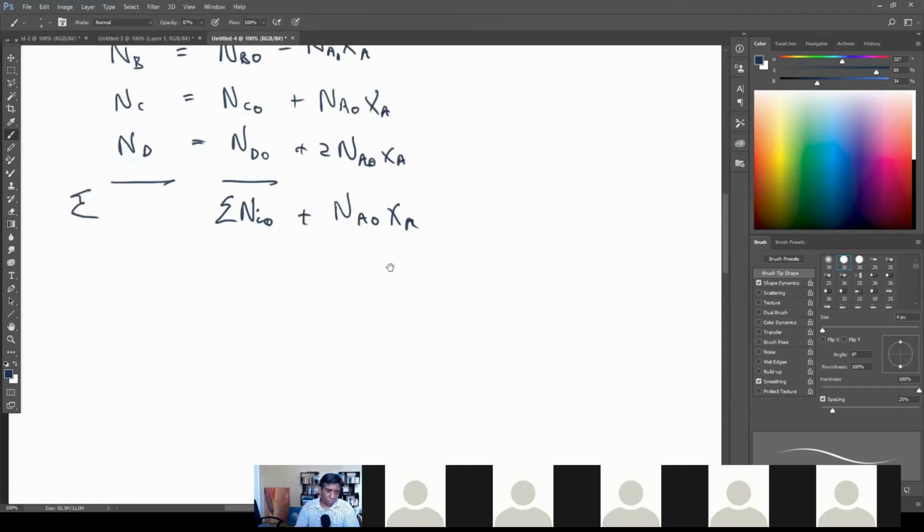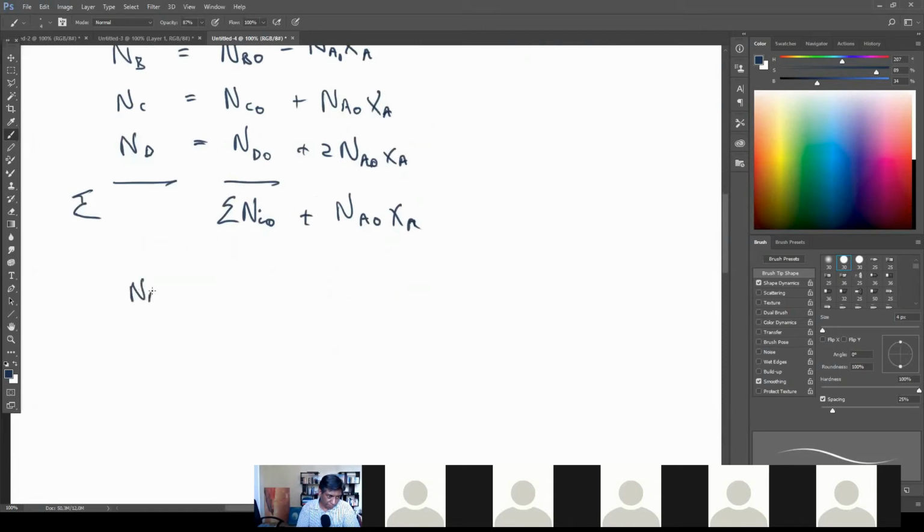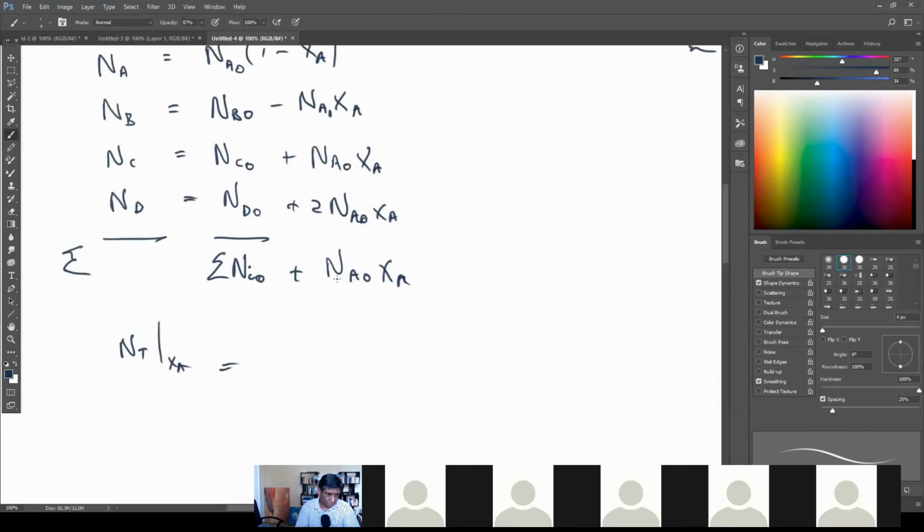In other words, your molar amount before and after, the total number of moles Nt, given that we have converted XA, is equal to the sum Ni naught plus NA naught XA.